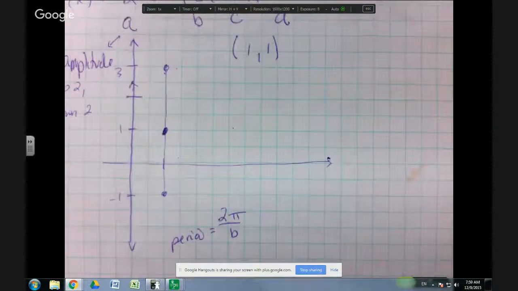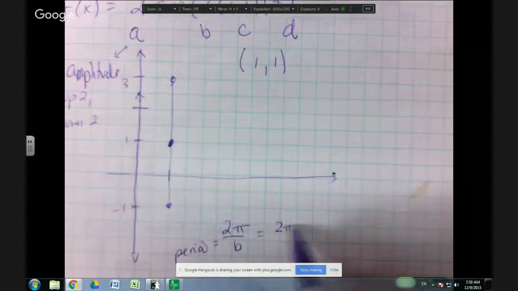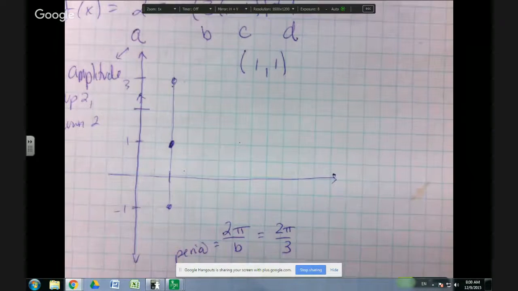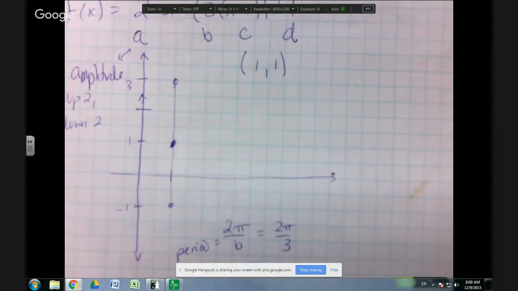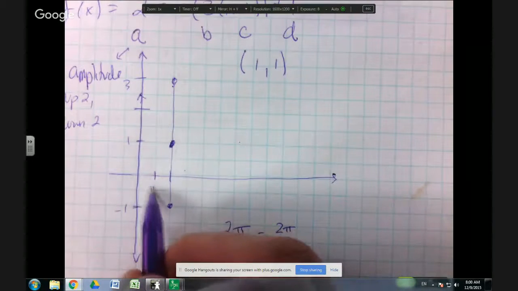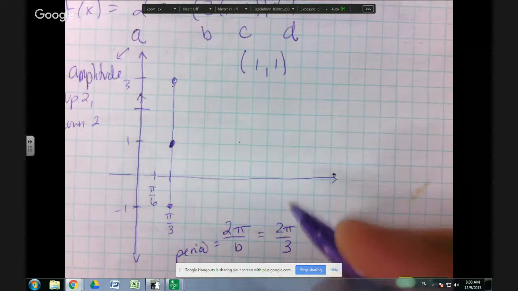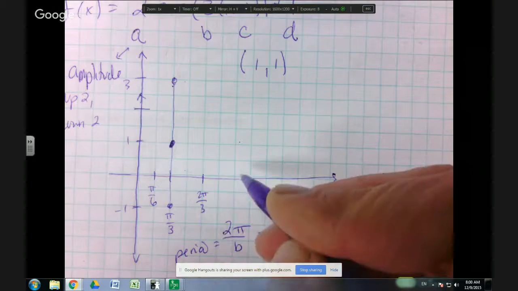So what's b in our case? 3. And this is where we have to scale our x-axis. All right, so we need 2/3 pi. How should we scale our axis? Yeah, that'll work. Nope.